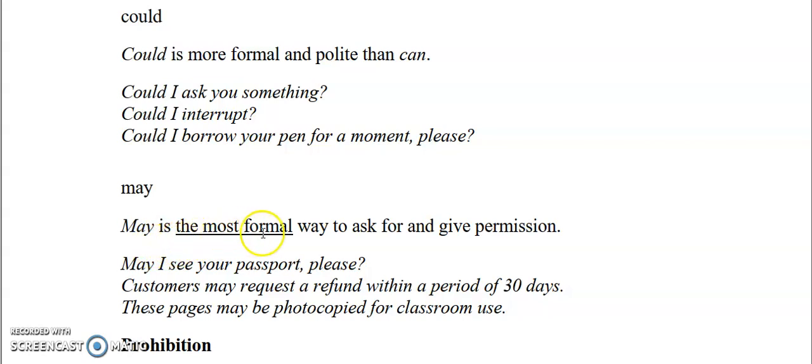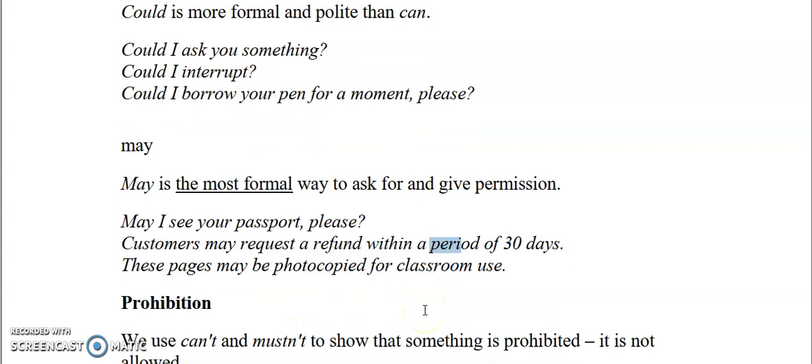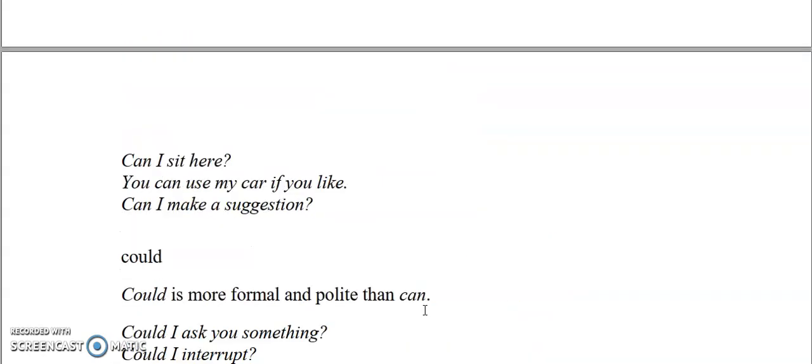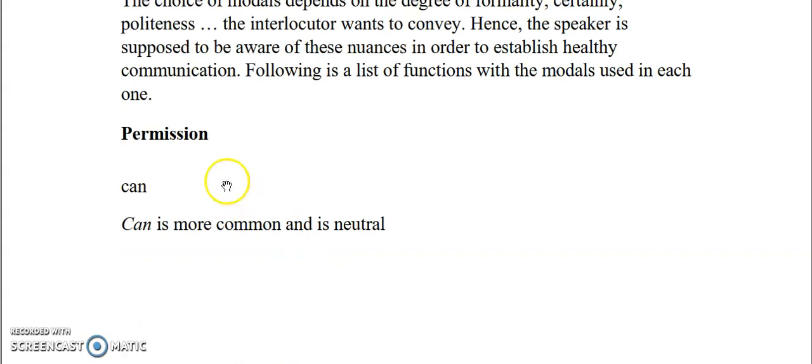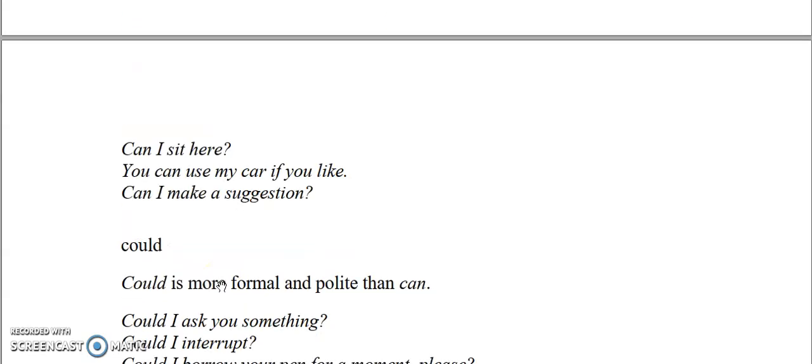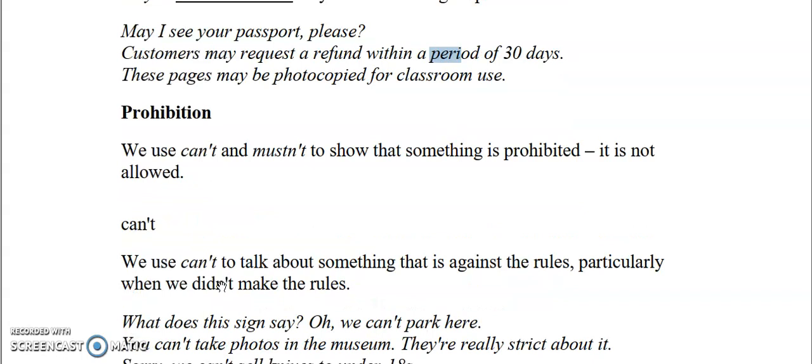May is the most formal way to ask for and give permission. May I see your passport, please? Customers may request a refund within a period of 30 days. These pages may be photocopied for classroom use. So for permission, we have can, could, and may.